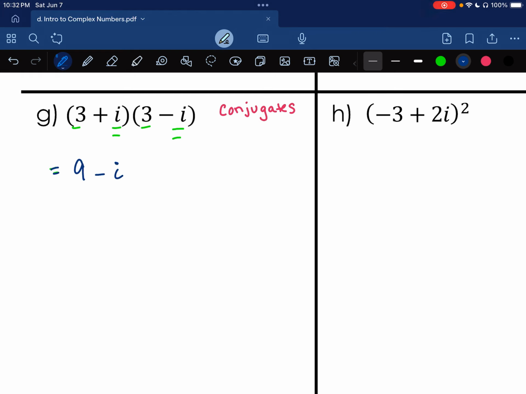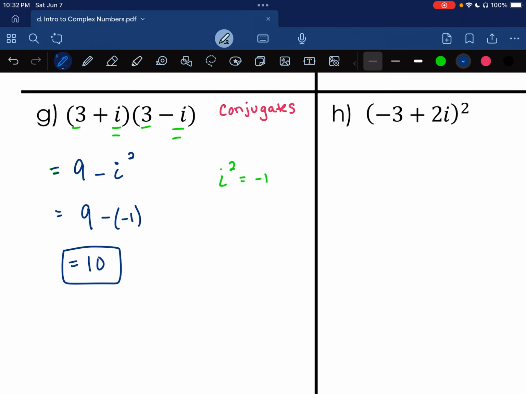And the cool thing about conjugates in complex numbers is that i squared is negative 1, so I'm going to end up with only a real product, which is kind of cool. So this will become 9 plus 1, or this will be 10.